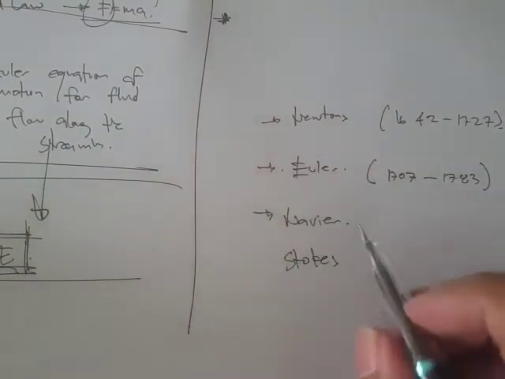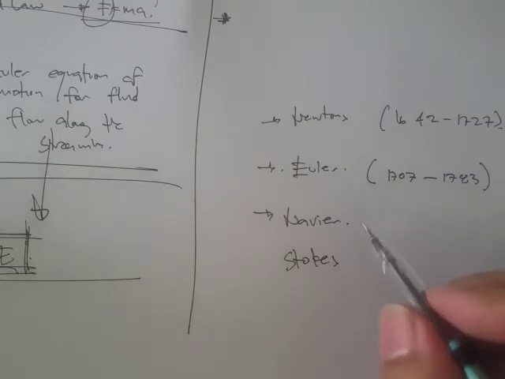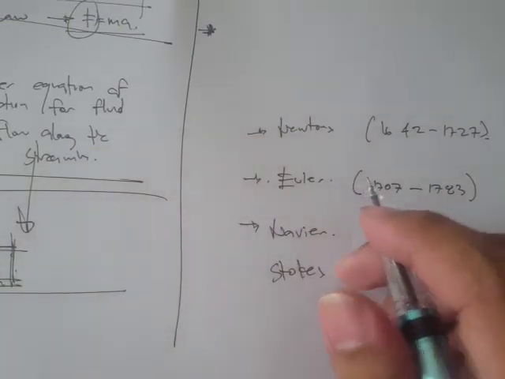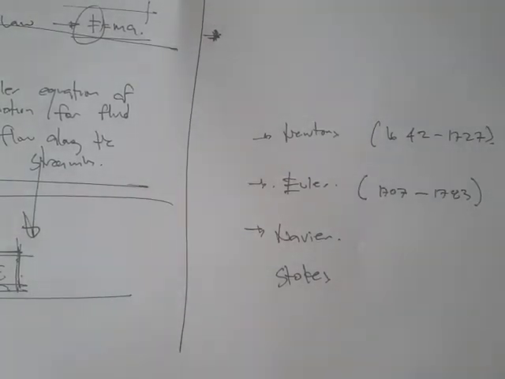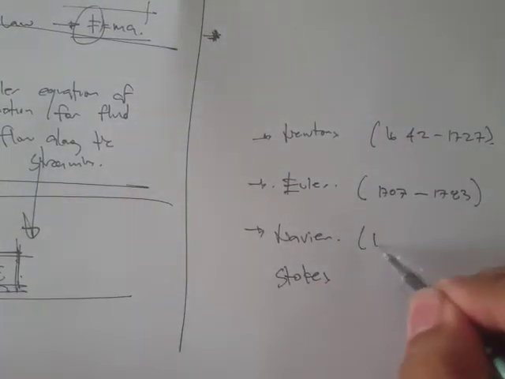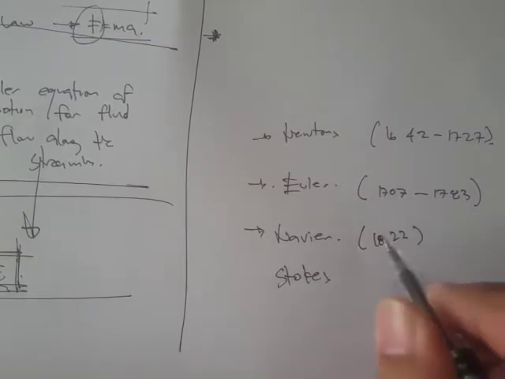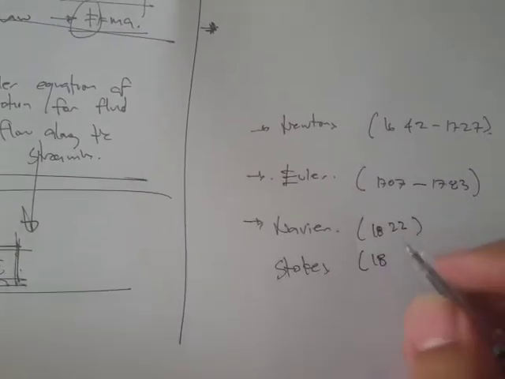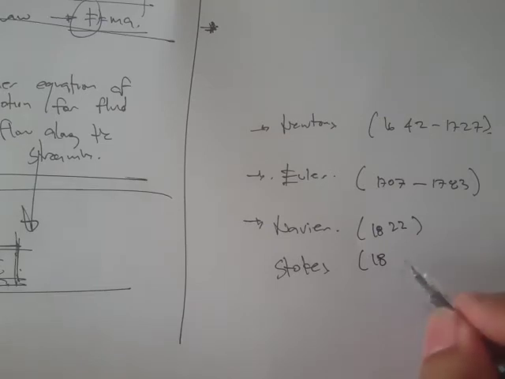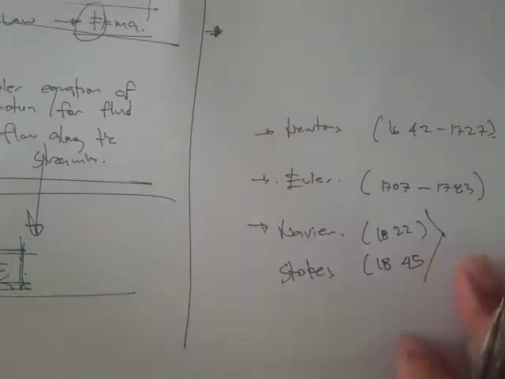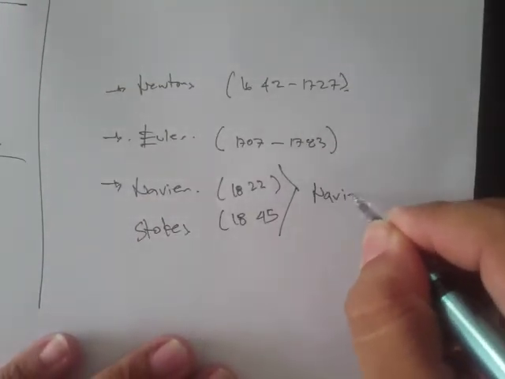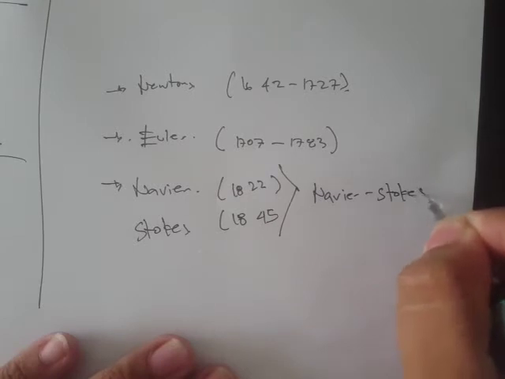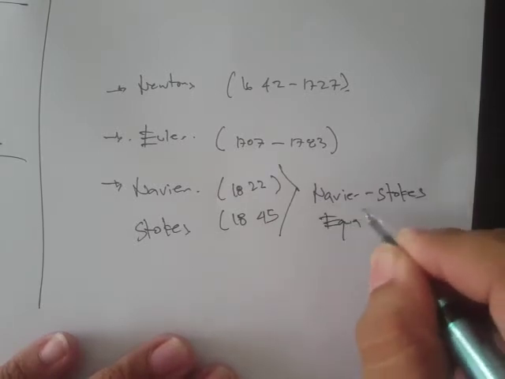So they are two different persons with different timelines. This is 1822 and then 1845, probably referring to the date when they presented the paper. So these two have a famous equation called the Navier-Stokes equation.